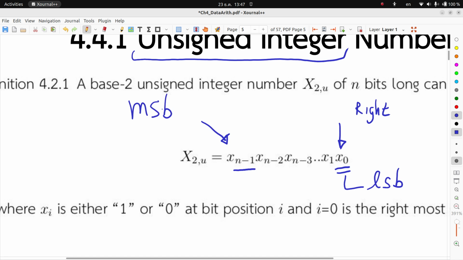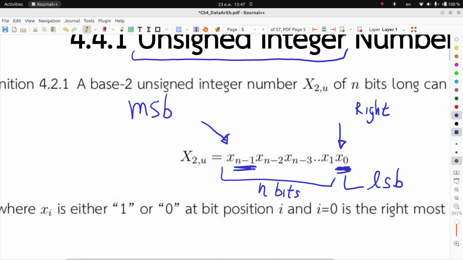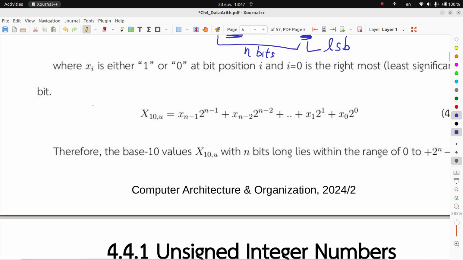Okay? For how many bits? Totally n bits, from 0 to n minus 1. That's what you already learned. I put it in officially.